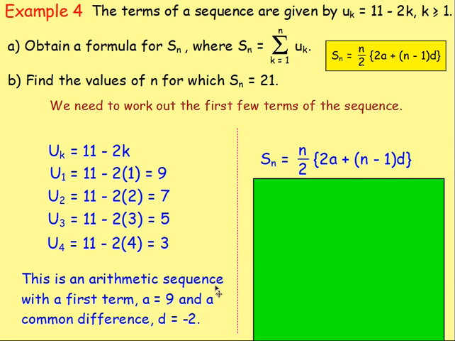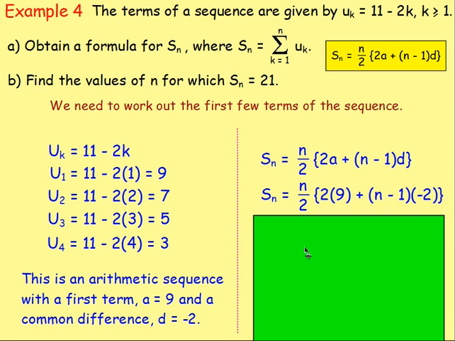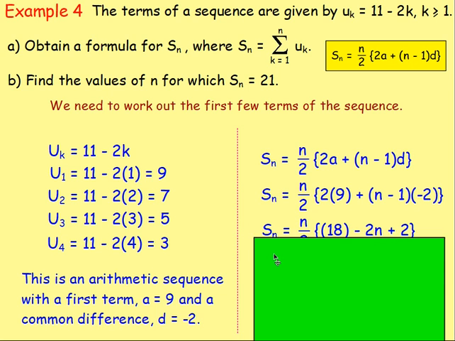We know that a is 9, d is -2, and n, well, we don't know how many terms we have. We want to find a formula leaving n just as it is, so we have n over 2 brackets 2 times a, replace a with 9, plus n take away 1 times d, and d is -2.